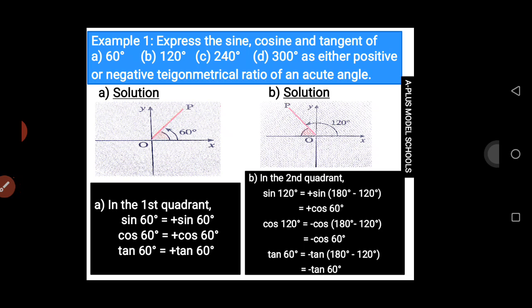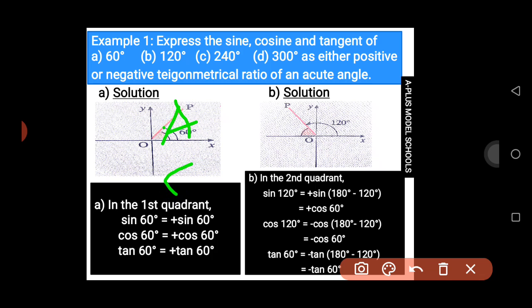So for instance, the number 1, which is 60 degrees, falls in the first quadrant. And don't forget, if I want to use that acronym, that is ACTS, where all signs are positive in the first quadrant.